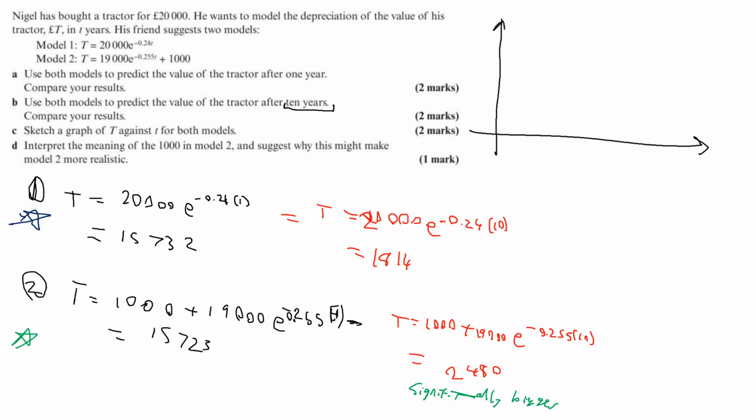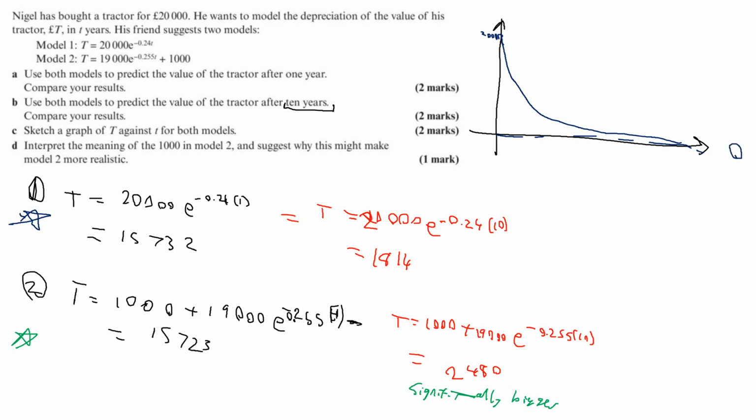So, the blue one, at the start, they're going to be slightly similar, right? It's going to start at 20,000, both of them are. And it's going to be asymptotal to 0.